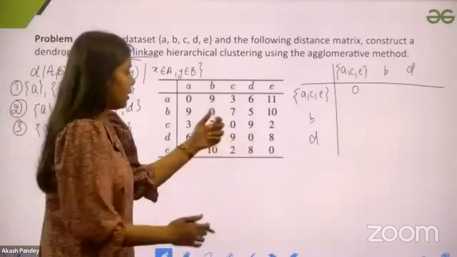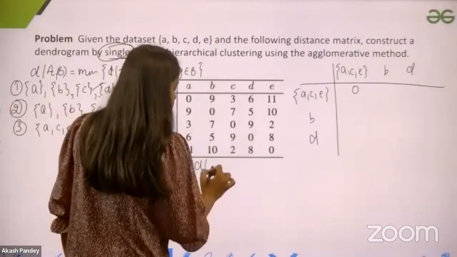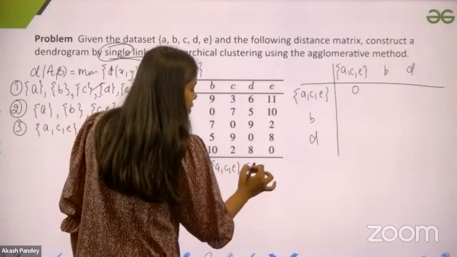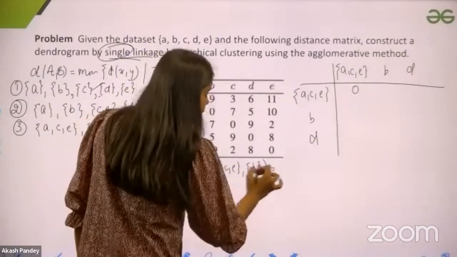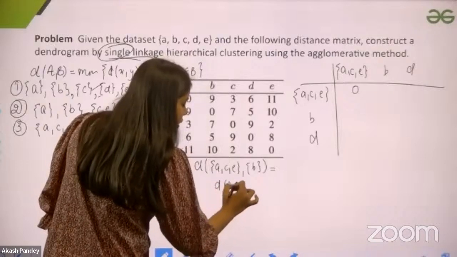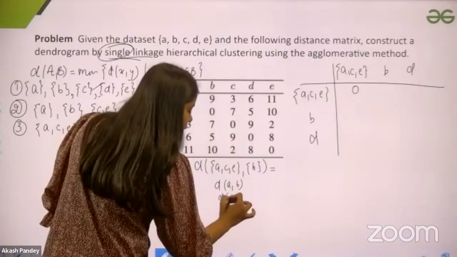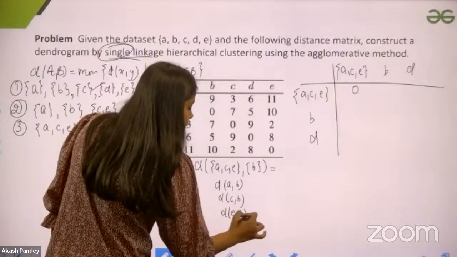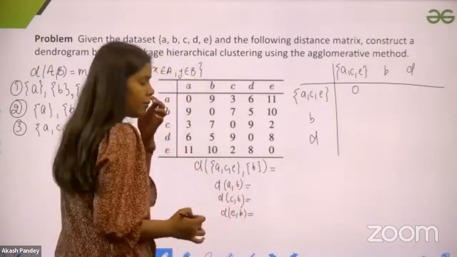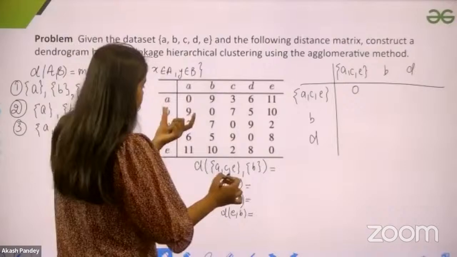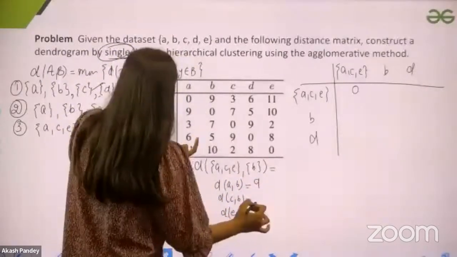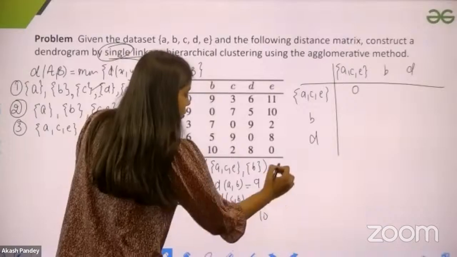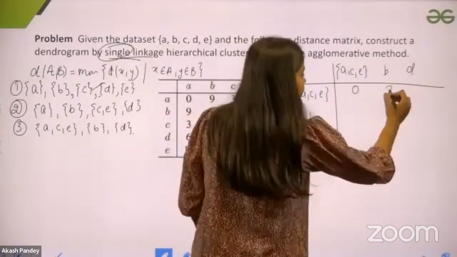I need to find the distance of the cluster A, comma C, comma E with the cluster B. I'll find the distance of A, comma B, of C, comma B, and of E, comma B, and whichever distance is minimum, I'll take that. The distance of A with B is 9, C with B is 7, and E with B is 10. So I get this distance 7.